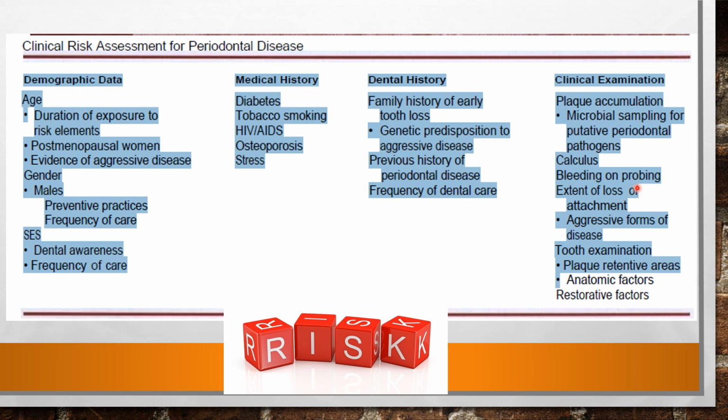Tooth examination will also tell us about plaque retentive areas, anatomic factors, and restorative factors, such as any overhanging restoration or contour. So these are the factors assessed at various levels of extracting the case history.